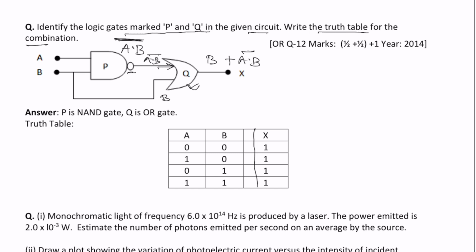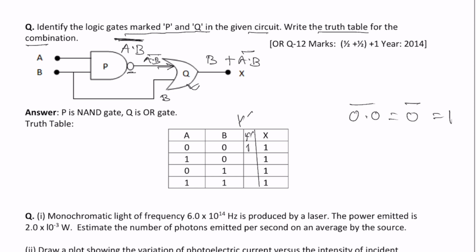So this is, suppose, my Y dash. Let us see what is the output from P. So 0 into 0 is 0, but since it is a NAND gate, its not means 1. So it is 1. For the 0 0 combination, Y dash is 1. One of the inputs is 1.